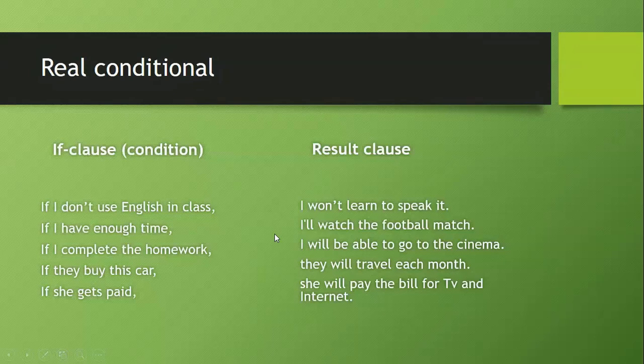The future will be the noun, the time, or the auxiliary verb that we are going to use. Then we will see noun, will not or won't, and there we will see the verb. The verb will be in the same status. This will be the normal verb, right?